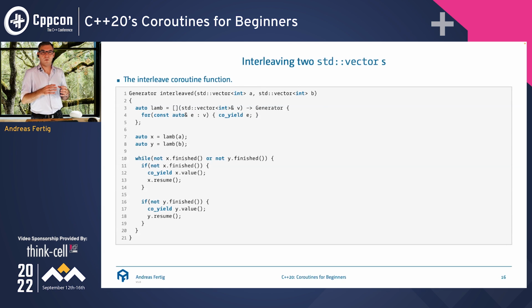Well, we have a new coroutine here, interleaved in line number 1, and that one returns a generator, a type called generator. Remember, this is our wrapper object. And interleaved then takes two std::vector<int> a and b by copy.